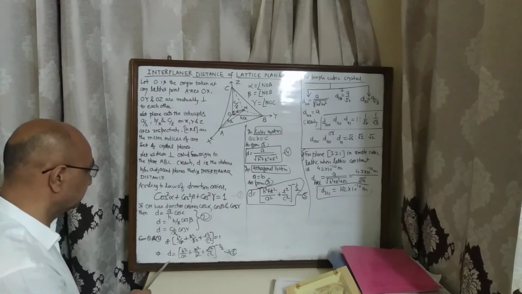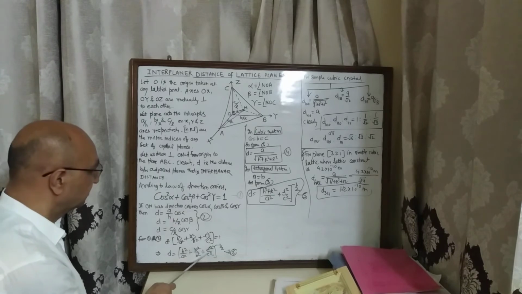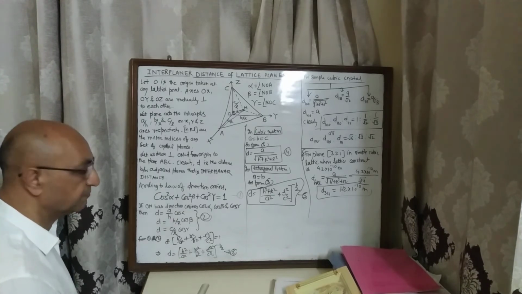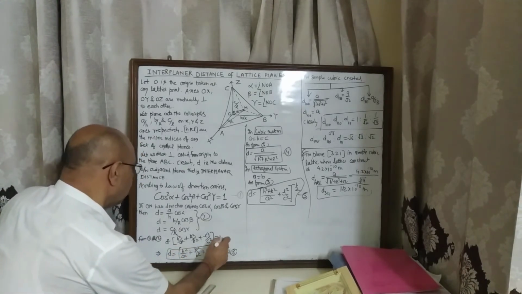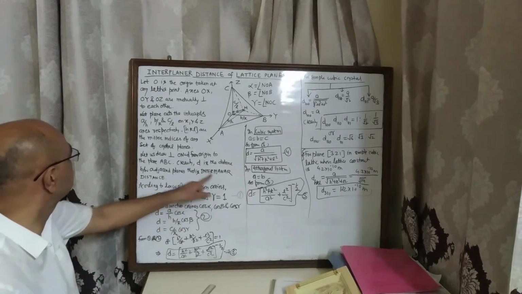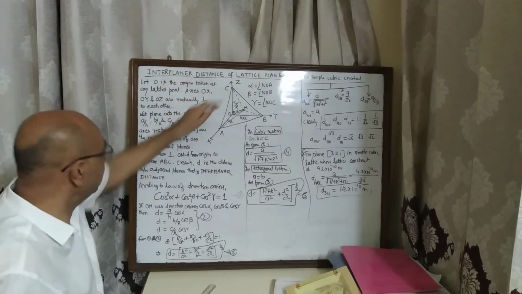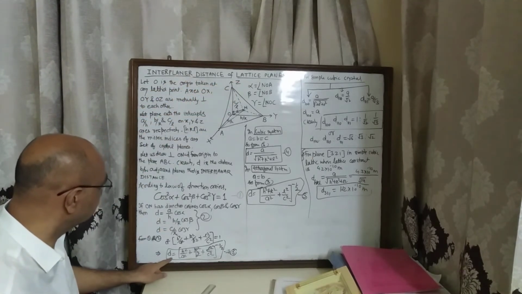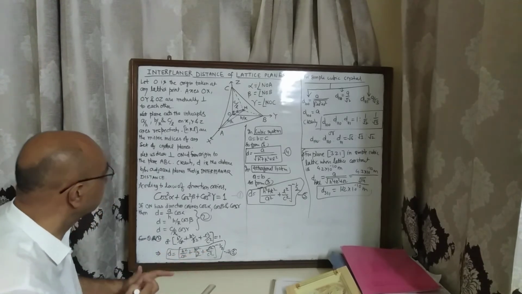Therefore, d is equal to h square upon a square plus k square upon b square plus l square upon c square, raised to the power minus 1 by 2. So this is the interplanar distance between lattice planes.